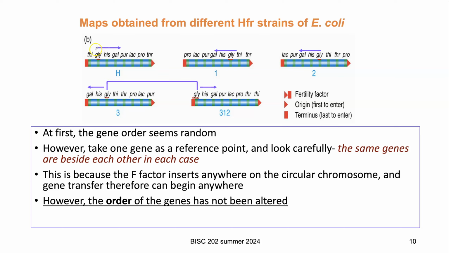And if you look at the genes next door, so the one next to it is histidine, and then gal, and then his and gal, etc. So if you look at those, you can see that the gene orders haven't changed and the distance of parts haven't changed. It's just where you start and end your map has changed.